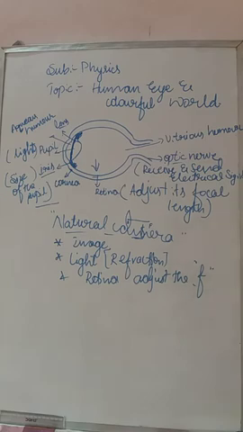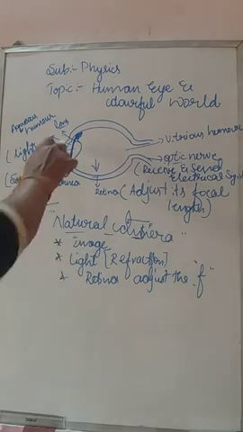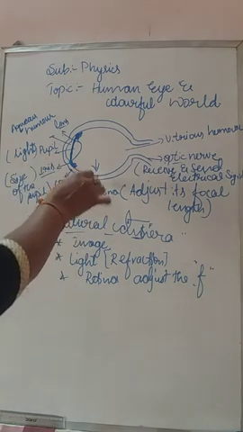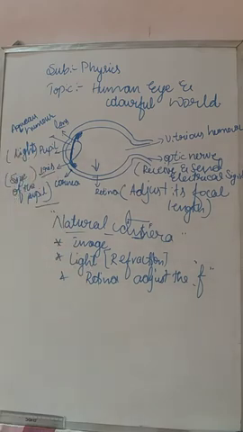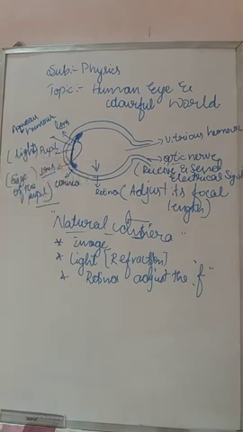Okay, a very important question it is. How does the human eye act as a camera? Very important. Listen again, once again I'll tell you. The lens of the eye captures the image and forms an image on the retina. Then light enters the eye through the pupil and undergoes refraction. The retina adjusts the focal length and the pupil regulates the amount of light entering the eye.